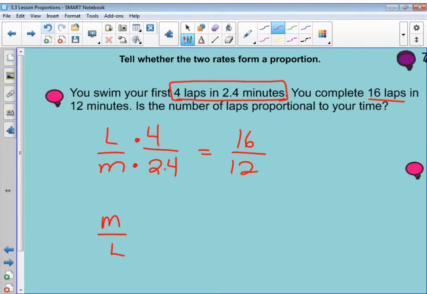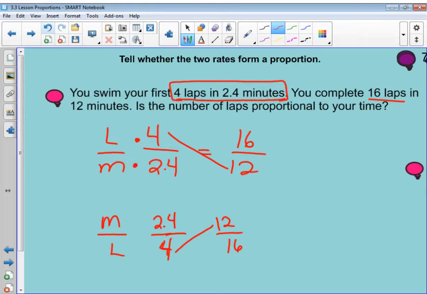If you had them flipped over because you wanted to do minutes per lap, you'll notice here, I'll flip it over, that we should get the same answer either way. So in my first scenario, it was 2.4 minutes per 4 laps. And then in the second situation, it was 12 minutes for 16 laps. So either way, you're still cross multiplying the same numbers.